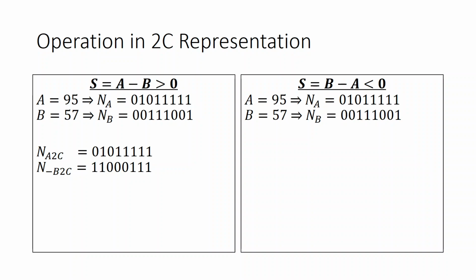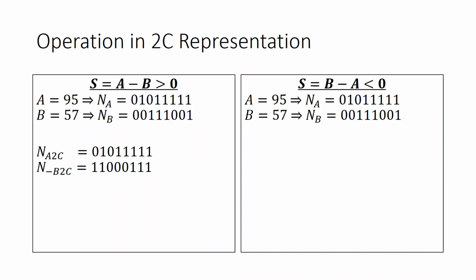However, we must remember that we can also do the addition operation of two numbers in twos complement representation. That means we can also do a plus b. Actually, when we are doing the a minus b operation, we are actually doing a plus of minus b, and minus b is represented in the twos complement representation.